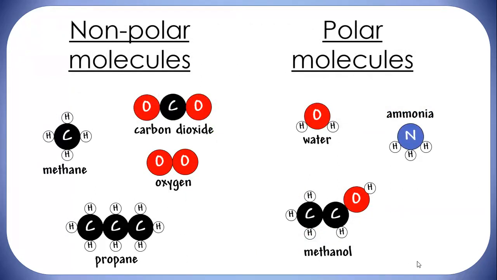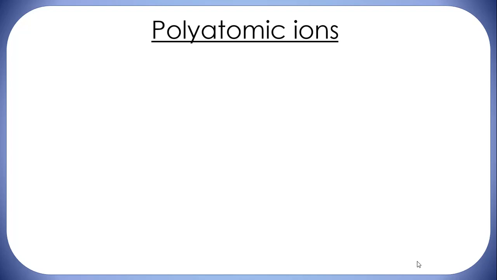Here are some examples of nonpolar or polar molecules. Note that the nonpolar molecules have symmetrical bonds, where the polar molecules are asymmetrical, showing the uneven distribution of electrons. Some covalently bound molecules can also be ions. Even though their bonds involve shared electrons, they have fewer or more electrons than their overall number of protons.